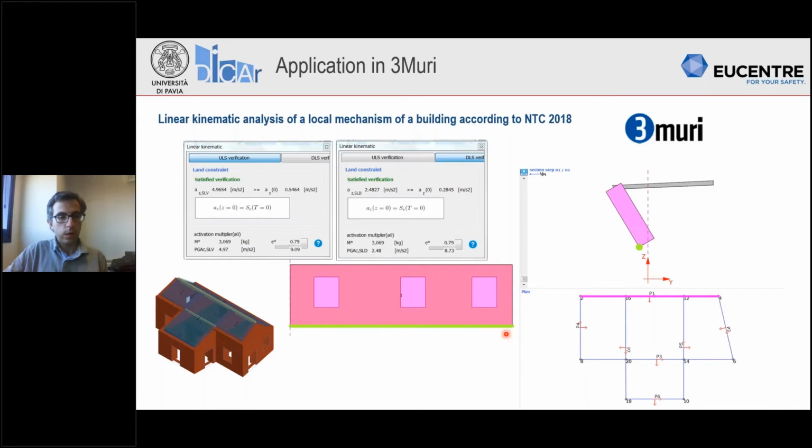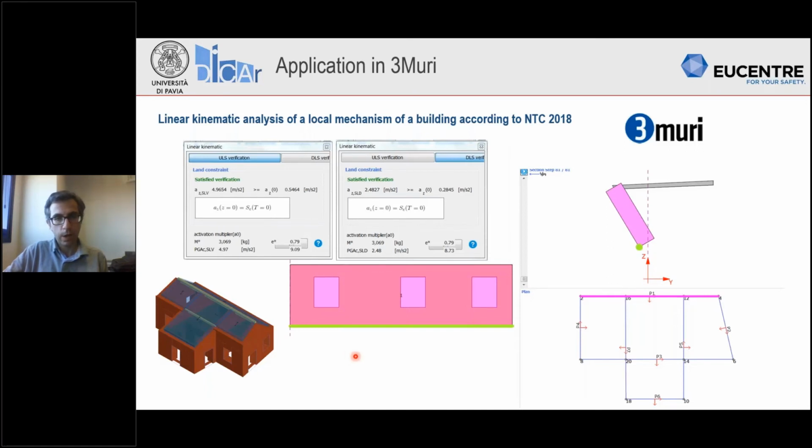Now here you can see the facade that we want to check. What you can do is to draw the mechanism that you want to check. Here, for example, I wanted to check the overturning of all the facade, but what you can do is to draw the perimeter of the mechanism to be checked.